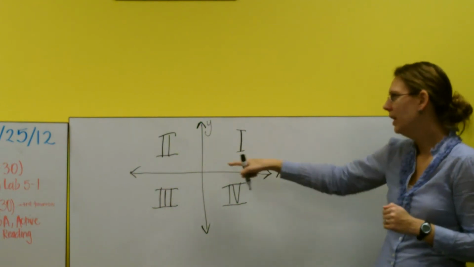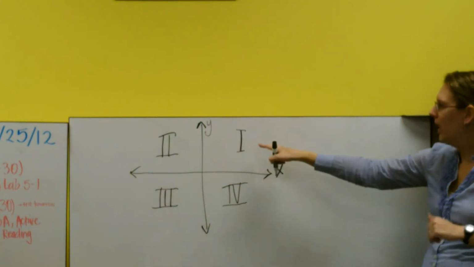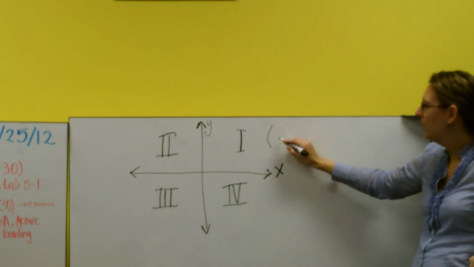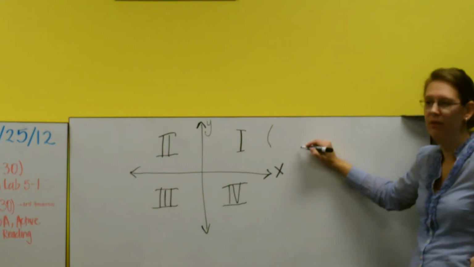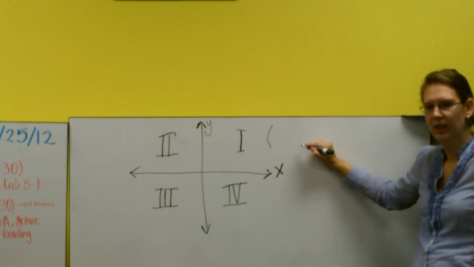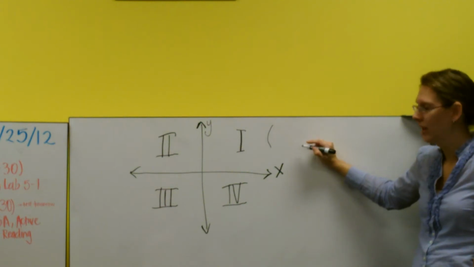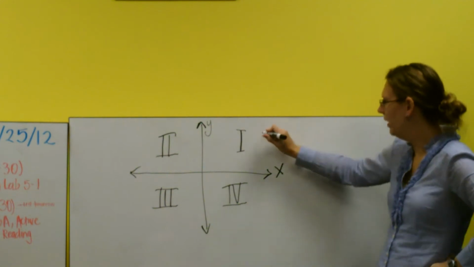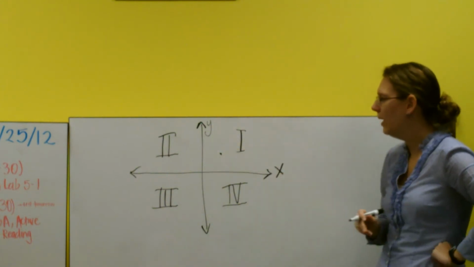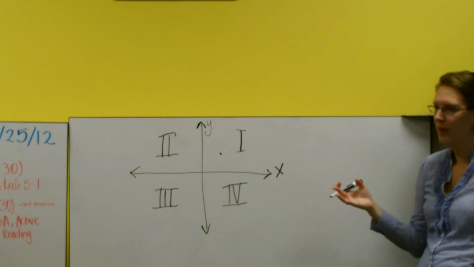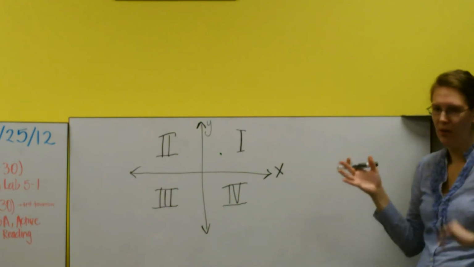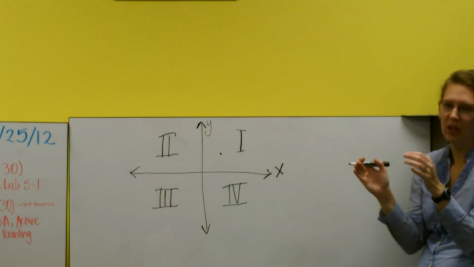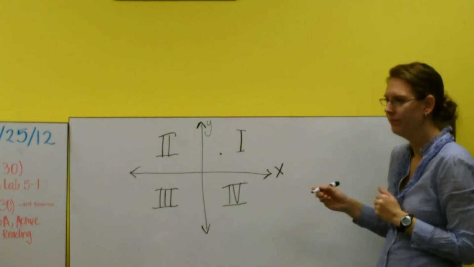Can anyone tell me, with the values of x and y, what these x and y's will be in positives or negatives? In coordinate number 1, if we drew that point right there, and just hypothetically gave it a set of coordinates, we named that point, what would it be? Go ahead.